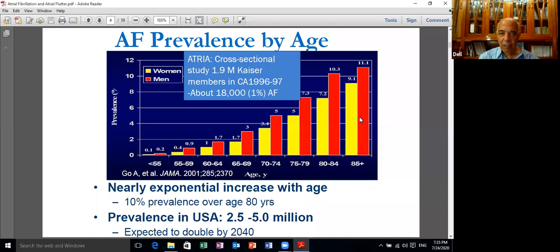And as you see, for men in red, for women in yellow, this is applicable to both men and women. But observed that it's more common in men than in women.